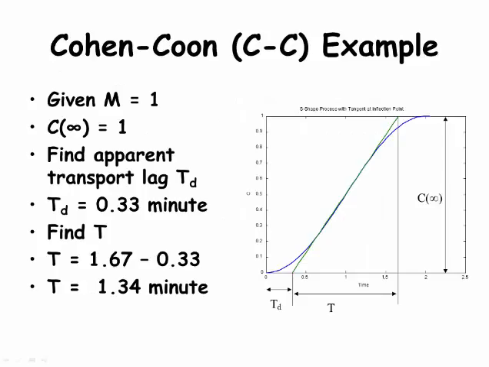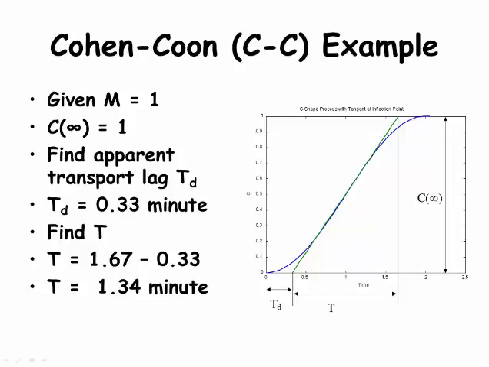Let's look at an example. We disconnected the controller and made a unit step change in one of the inputs. With the unit step change, m equals 1. We plotted the S-shaped response. We see from the graph that C infinity is equal to 1. Now we draw a tangent to the inflection point and see that the transport lag time Td is approximately 0.33 minutes.